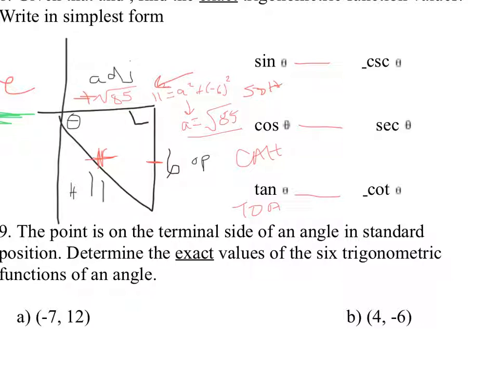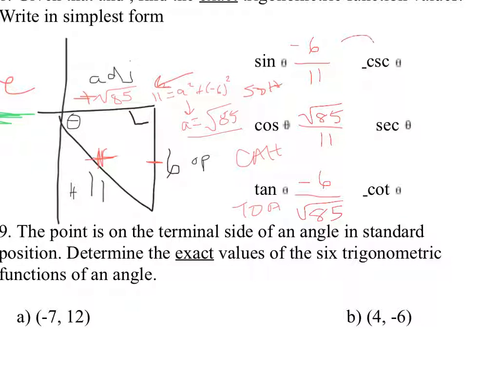Okay, so now let's fill this in. So for sine, we have our triangle. It's opposite, which is negative 6, over the hypotenuse, which is 11. For cos, it's adjacent, which is square root of 85, over the hypotenuse, 11. For tan, it's opposite, so it's negative 6 over the adjacent, square root of 85. I'm going to simplify in the end.